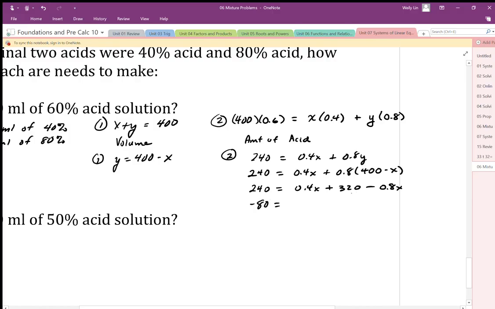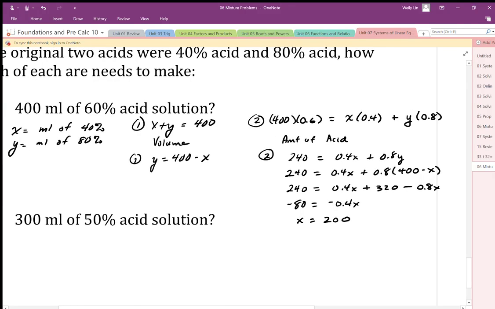Combining like terms, I get negative 80 on this side and negative 0.4x on this side. 80 divided by 0.4 is going to give me 200. So I have 200 milliliters of X, which is what I expected, and we also get 200 milliliters of Y. This is what we expected because we wanted to make 60% from 40 and 80, we want half and half, or 200 and 200. So that makes perfect sense.